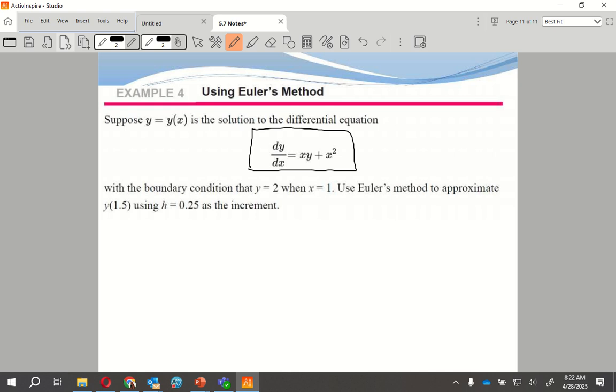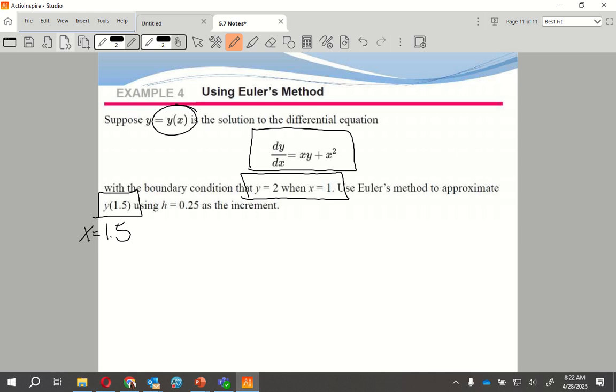So with the initial condition, I'm starting somewhere, that's my x sub naught, y sub naught. Use Euler's method to approximate, so I want to get to this, so that means that when x is 1.5, because this says this is my y of x.